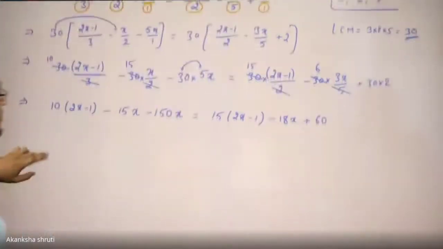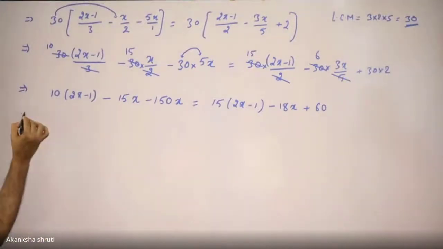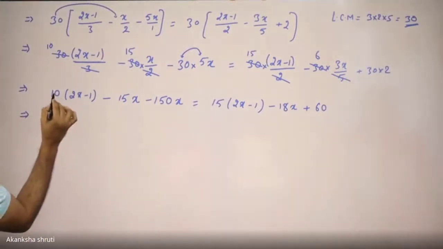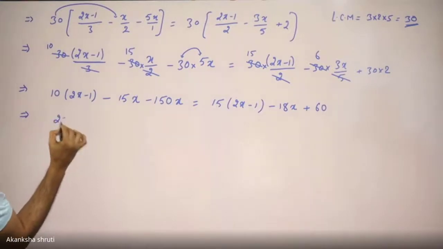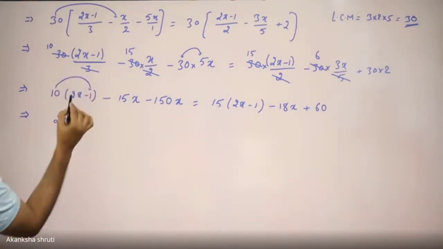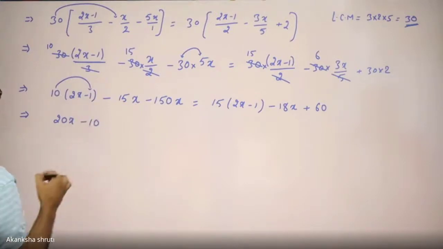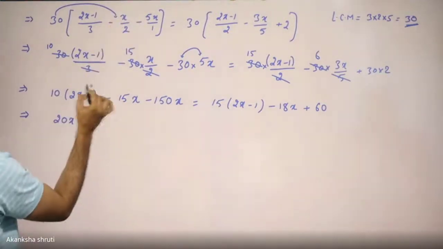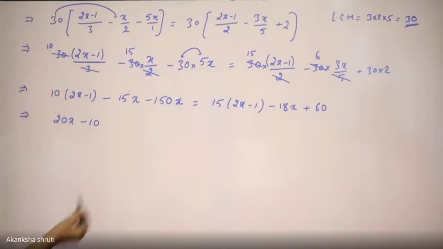So now remove this, even these brackets also. This is 10 into 2, it becomes 20 of x, minus, this 10 is also for this 1. 1 into 10 is 10. So be careful, students, regarding these distributive properties.